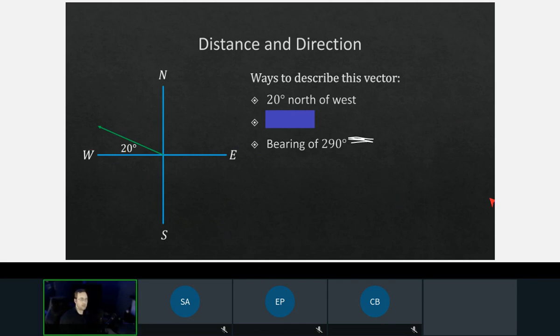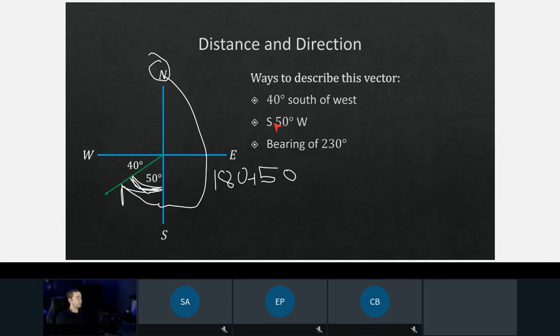All right, and what's that last way to write it? North 70 west. For this second way, you are always going to have south or north first.